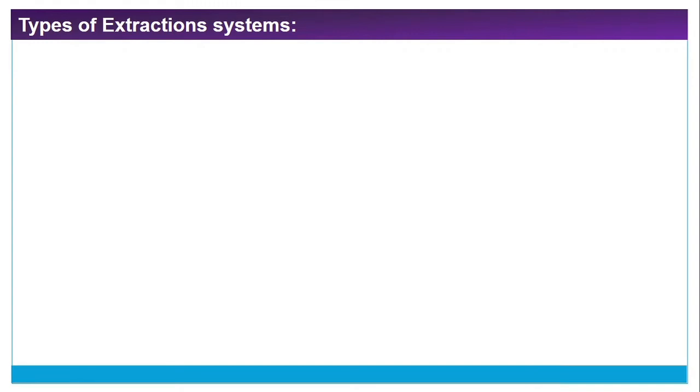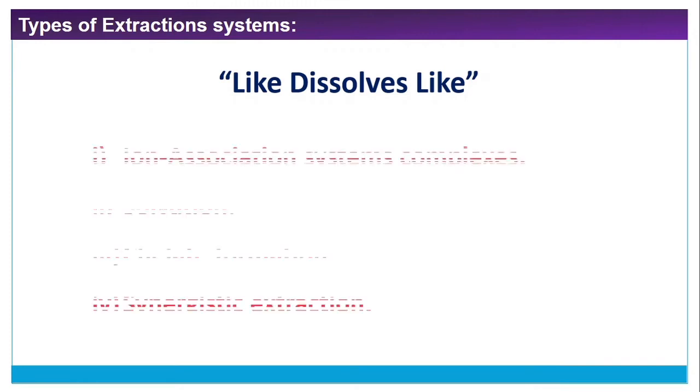That is called like dissolves like. So polar dissolves in polar, non-polar in non-polar, organic in organic, and inorganic in inorganic. In order to increase the solubility, something must be added to make them organic-like. Following are the important ways of doing this.